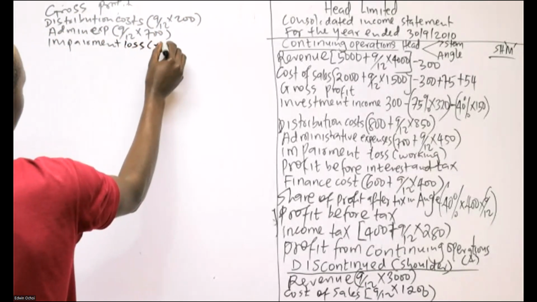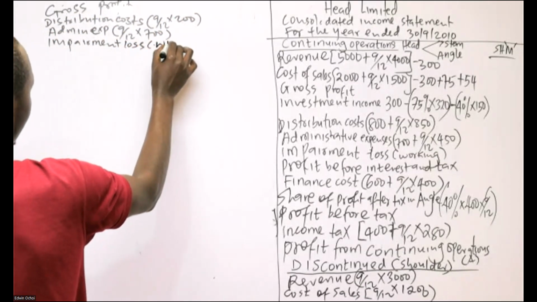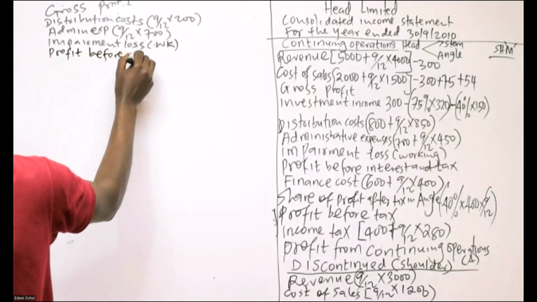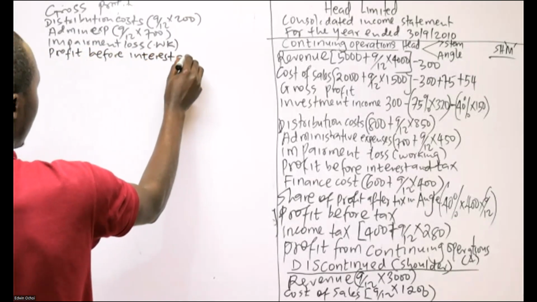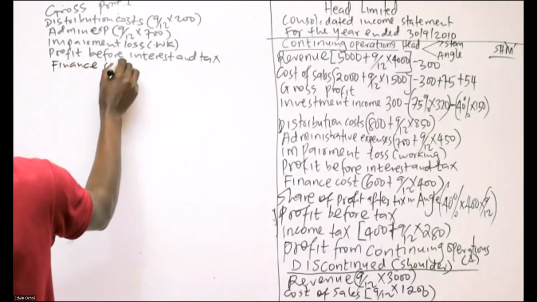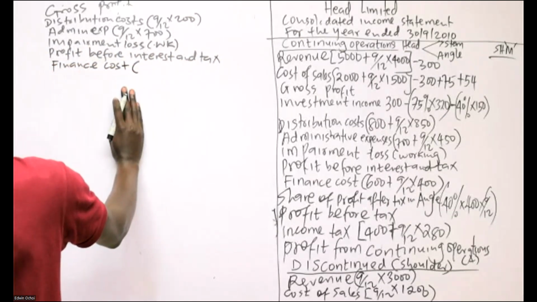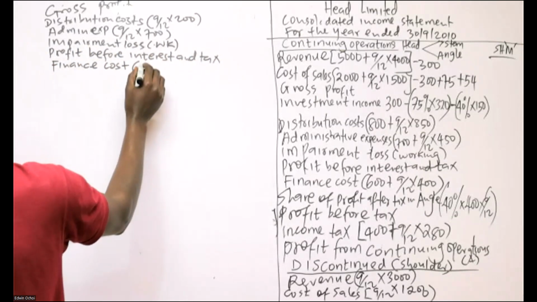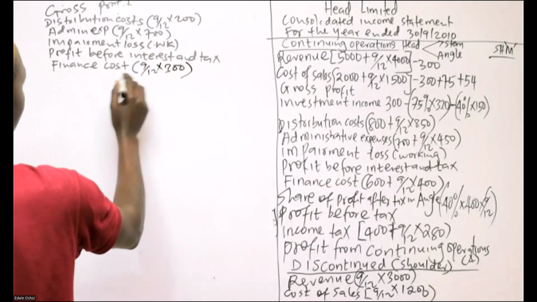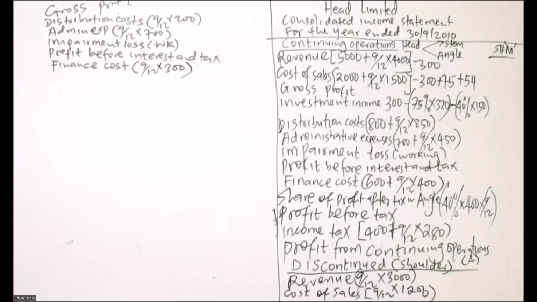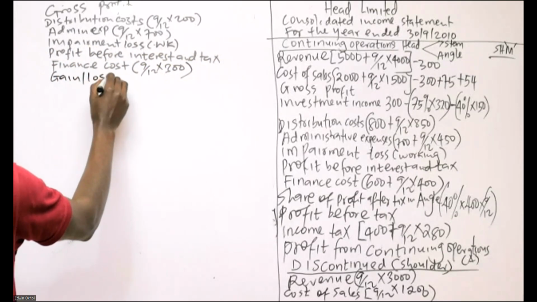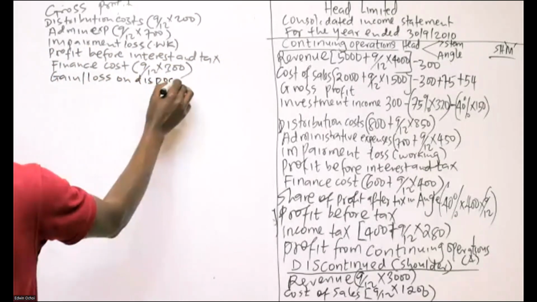So this one needs a working. So you say profit before interest and tax. So that you introduce finance cost. Finance cost is 300 or what? 9/12 times 300. Then now, before I minus tax, I would have to say gain or loss on disposal.